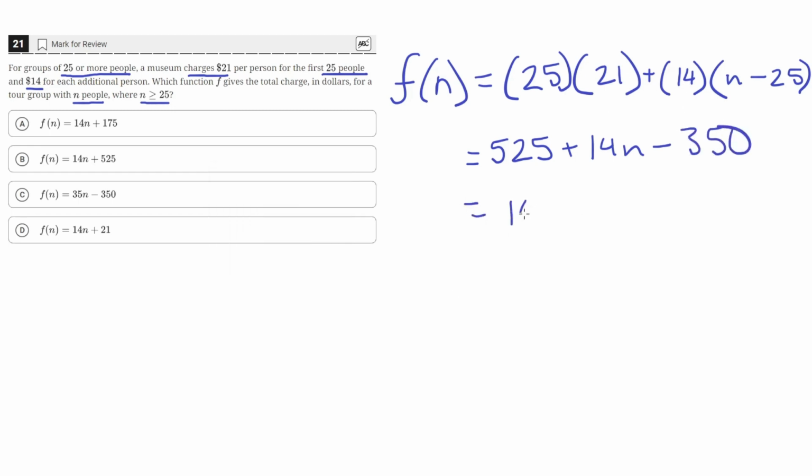And then 14n, and 525 minus 350 is just 175. So this function represents the total charge for n people when n is greater than or equal to 25, which is just answer choice A.